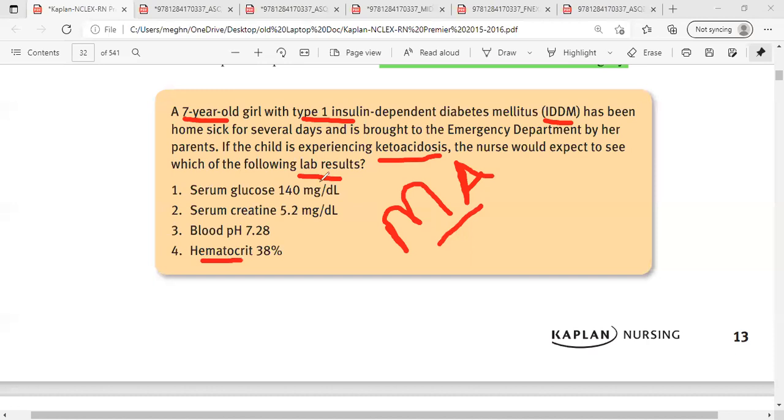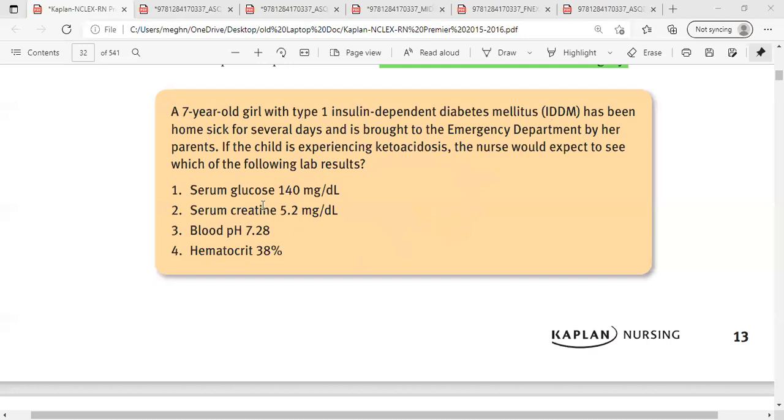We are thinking about the glucose; hematocrit is for the volume of red blood cells, which is related to anemia or hemoglobin concentration. Serum creatinine is a kidney function test. If my kidney doesn't work well, the creatinine level will go up.